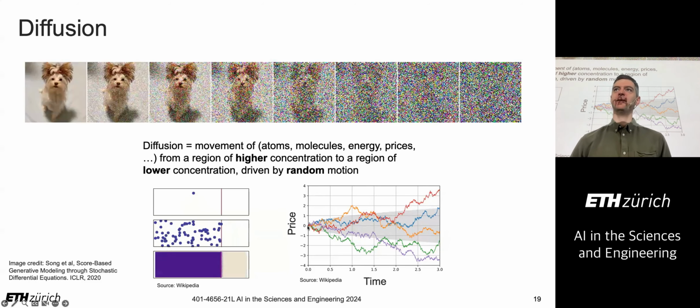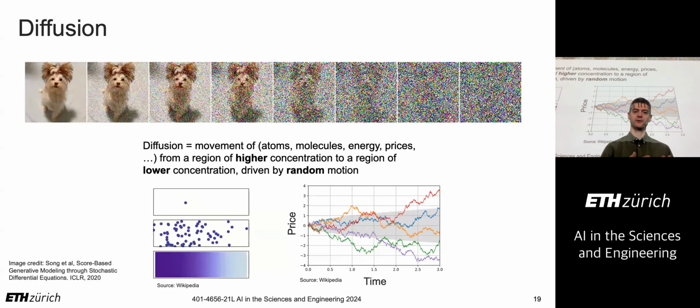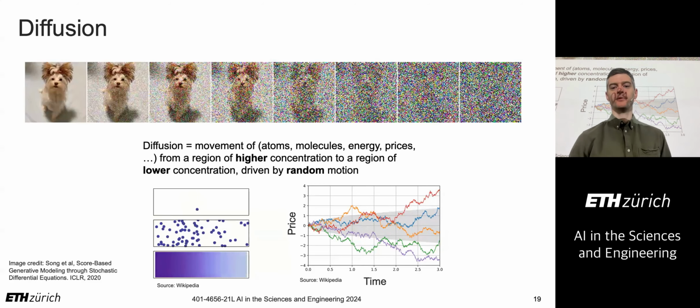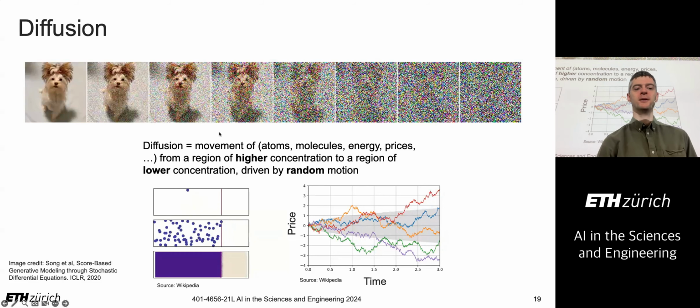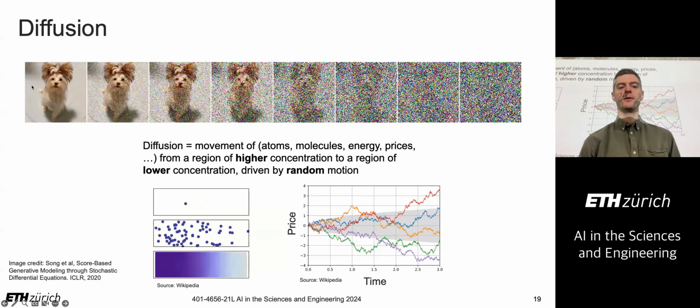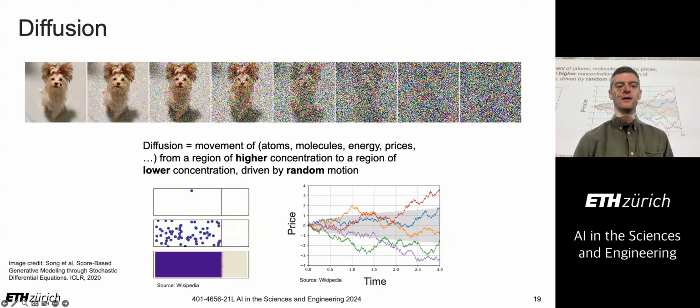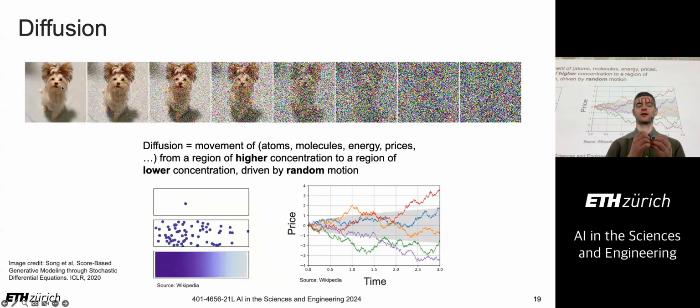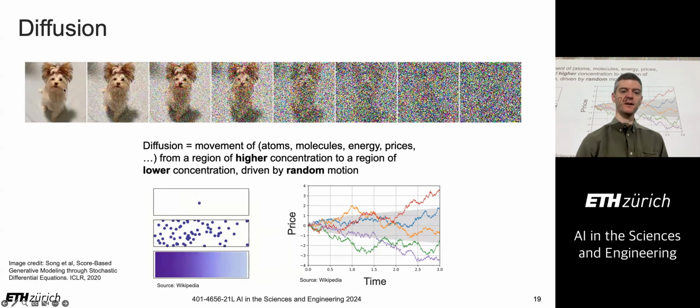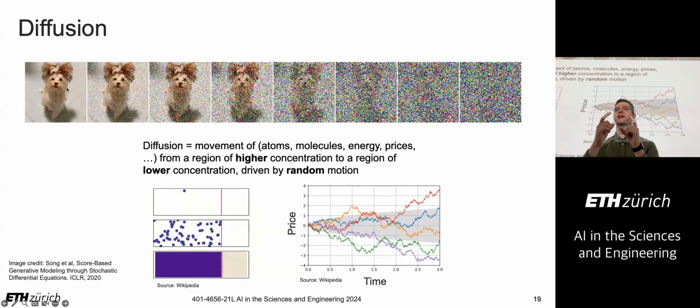For these generative models that use diffusion to produce images, it's just applying diffusion to an image. We start off with an image on the left here, and we interpret each pixel as a particle, if you like. We let the pixel values themselves do a random walk, start randomly moving around and diffuse.